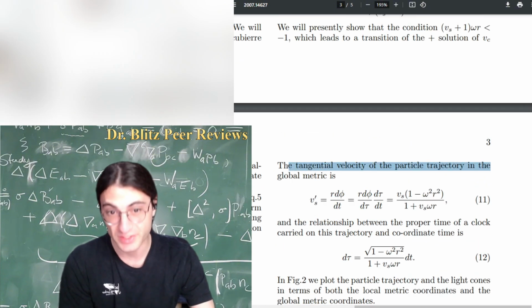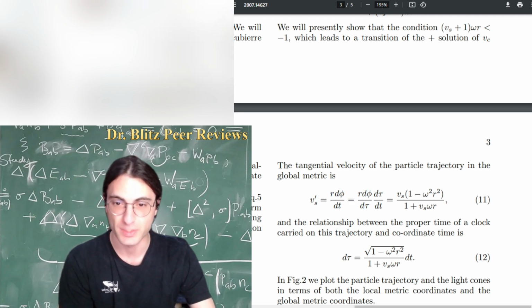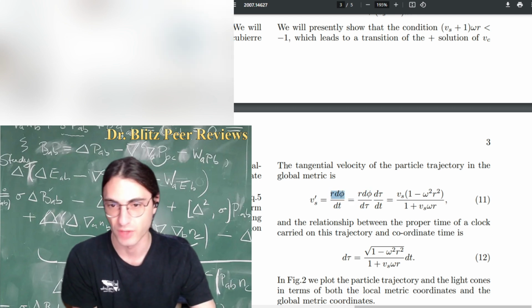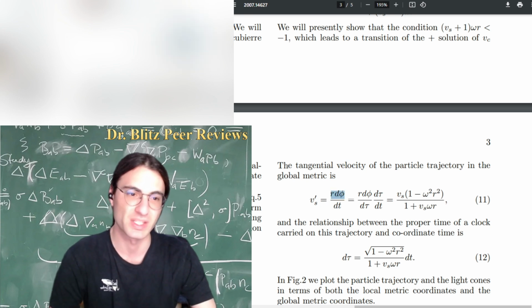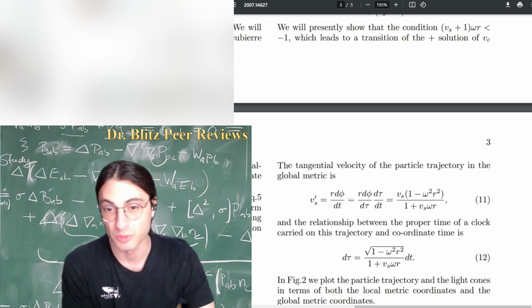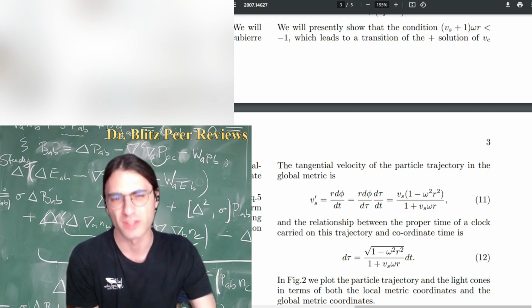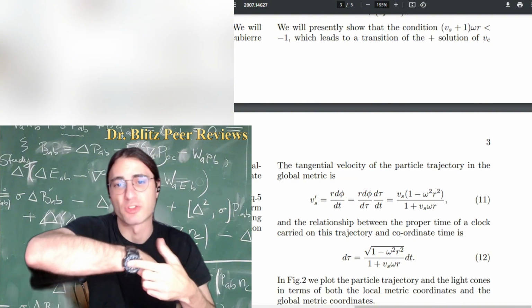The tangential velocity of the particle trajectory in the global metric is v sub s prime. That's just the tangential velocity. This is the radius times the angular velocity. And then they can do some chain rule, right, r d phi d tau dt. By the way, tau is proper time. It's the amount of time that you actually see on your wristwatch.